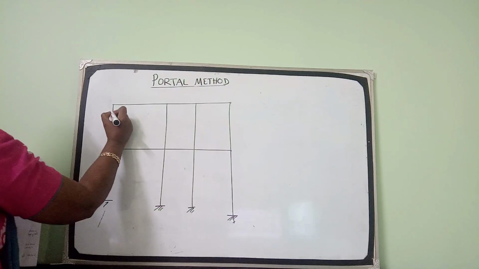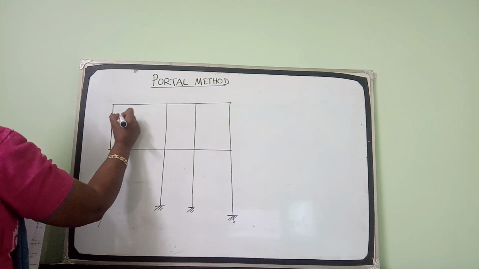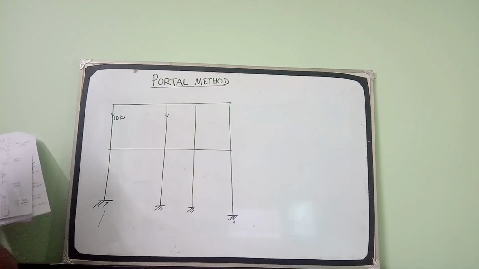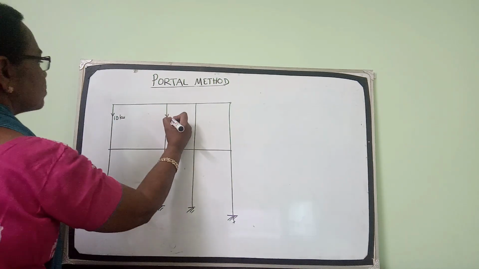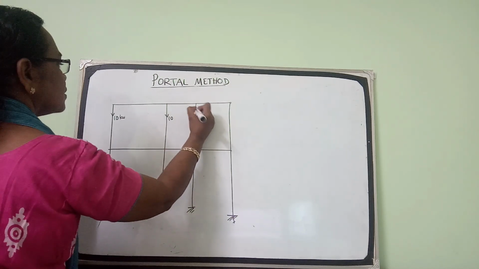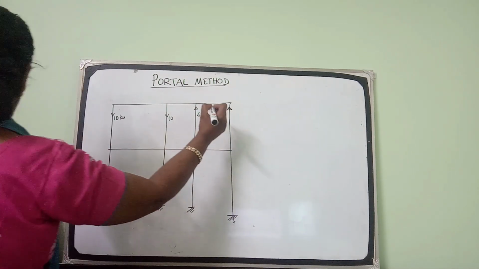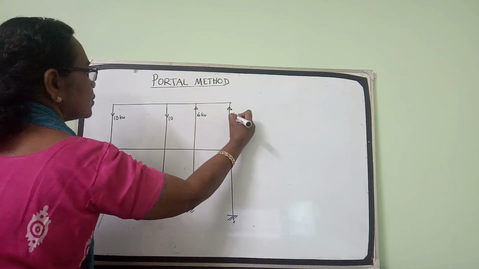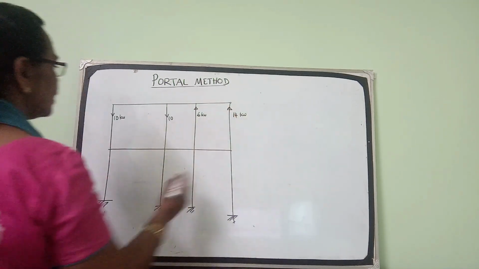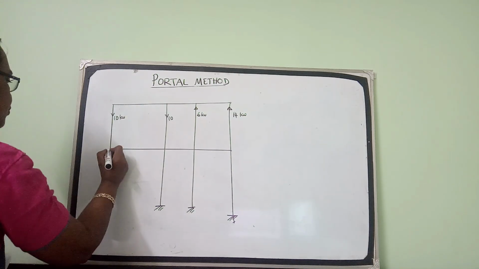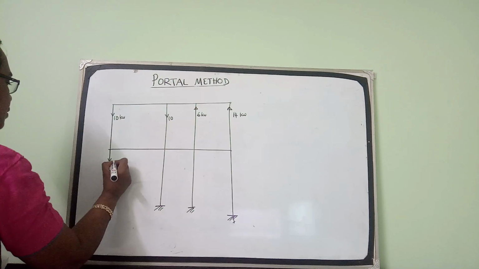Axial force in this column was 10. In this column it was 10. Here it was 6. And here it was 14 kilonewton. Okay. And here, the axial force in this was 45.